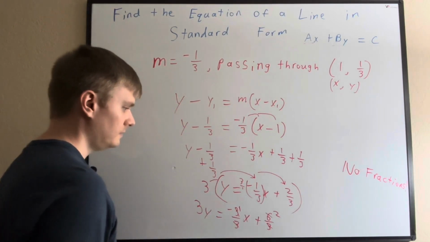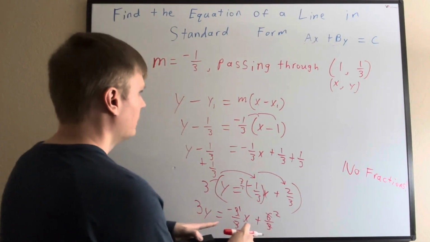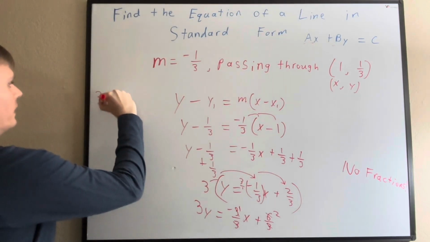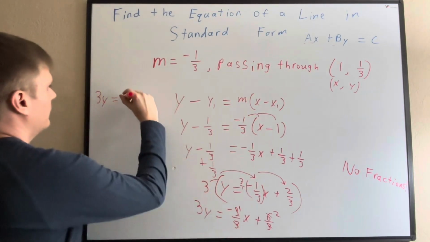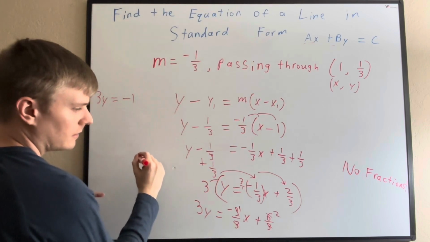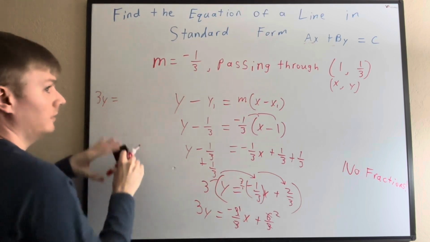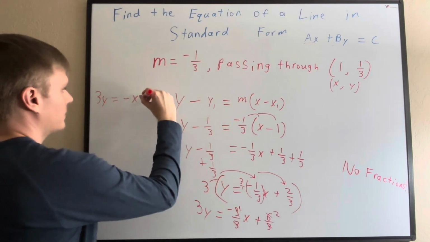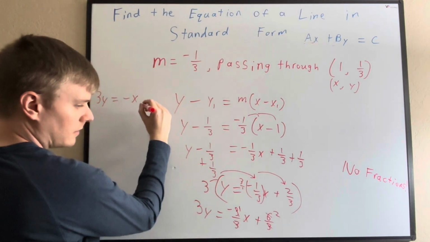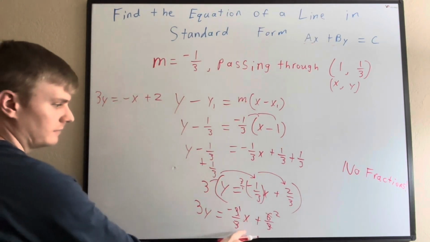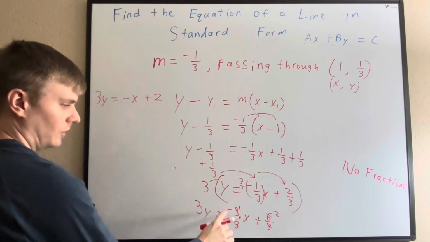So we're left with what? 3y equals negative x plus 2. You see what I did there? Don't forget the sign.